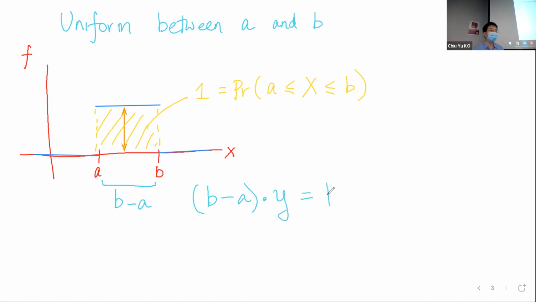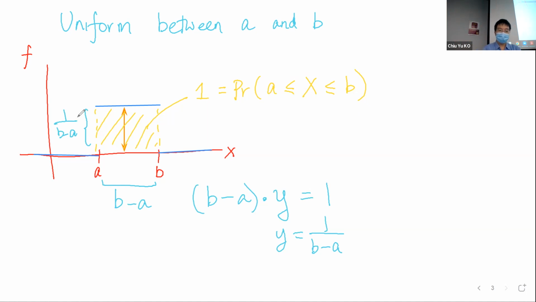What's Y? Y is 1 over B minus A. So this height is 1 over B minus A. Or if you don't fully get the algebra, you can say if B minus A is 4, then 4 times what must be 1? 1 over 4, right?